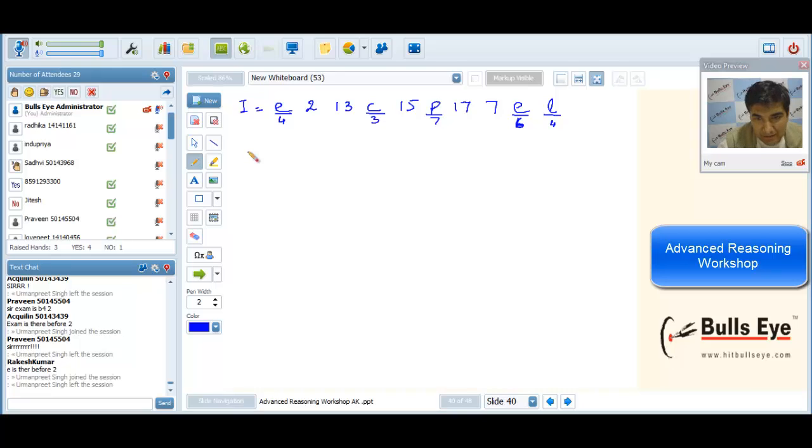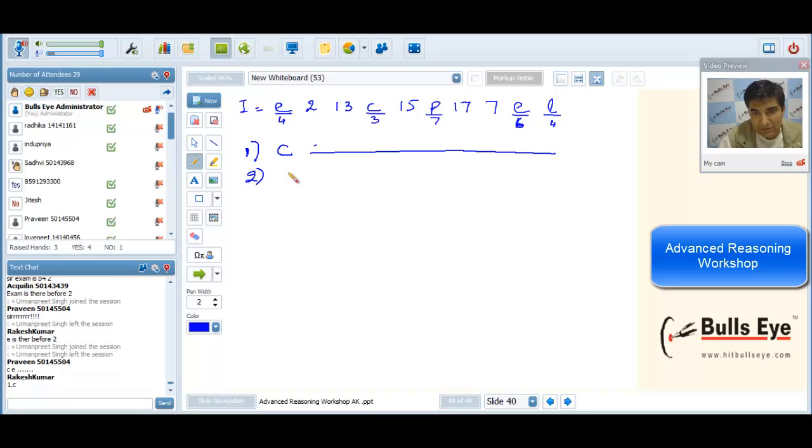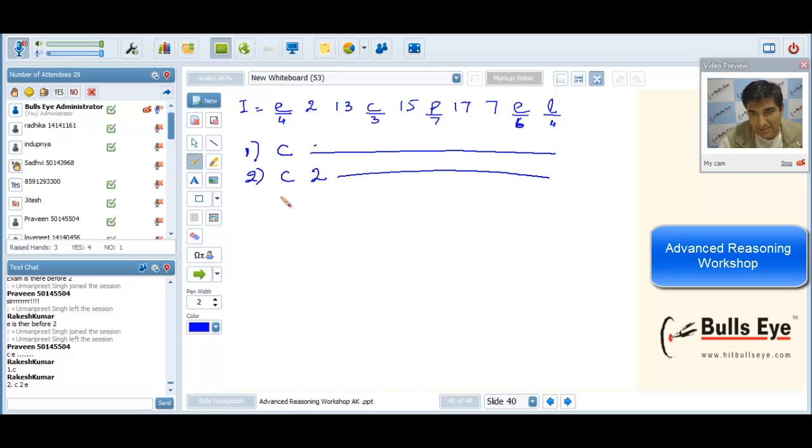Okay. The first step should be we should have C, then everything else as it is. In the second step, we should have C, then 2, then everything else again as it is.